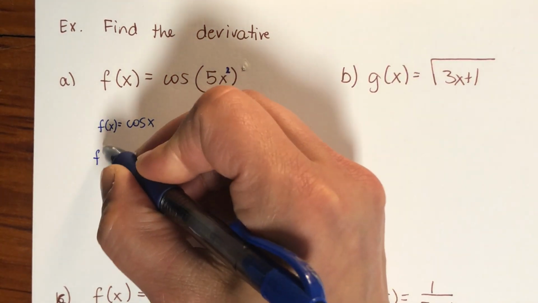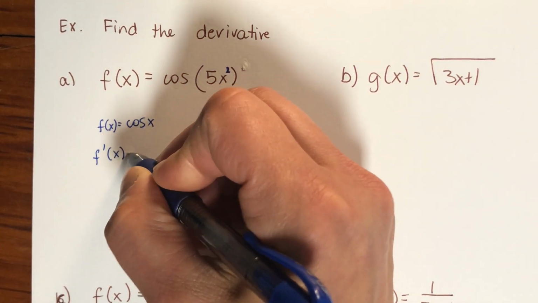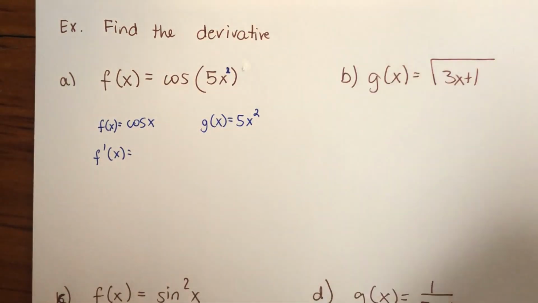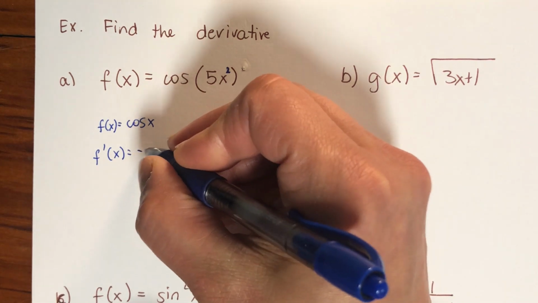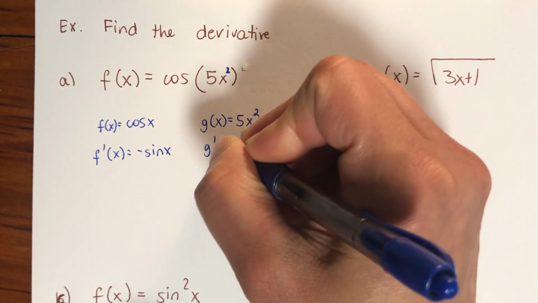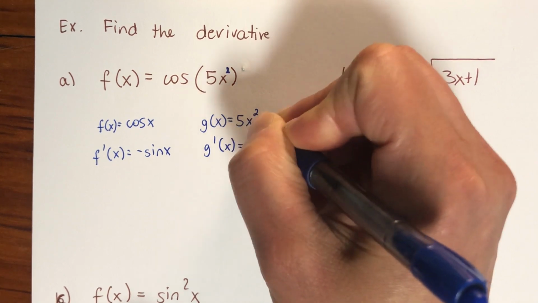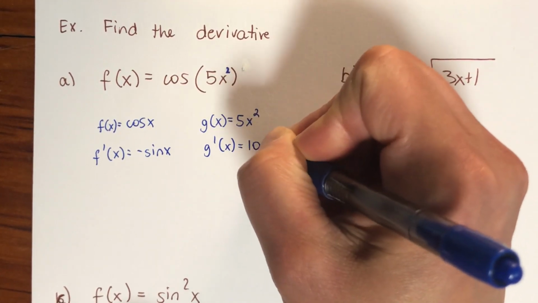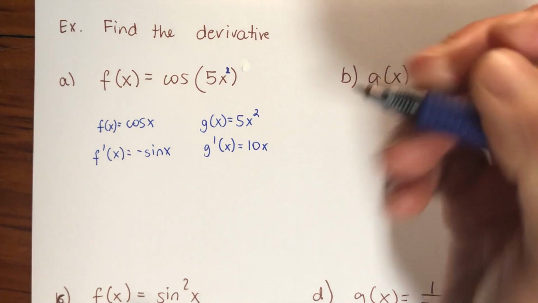Derivative of the cosine function is negative sine of x. And derivative of 5x squared is going to give me 10x to the power of 1.